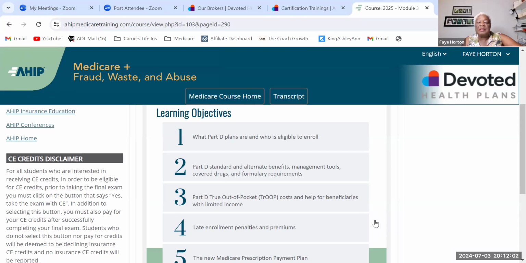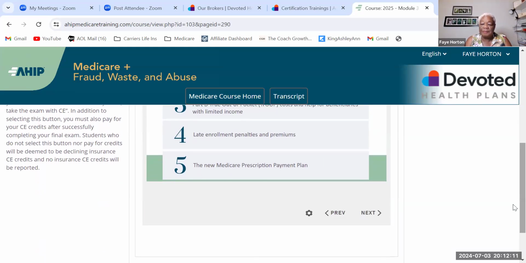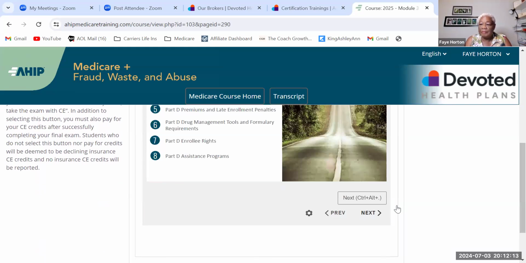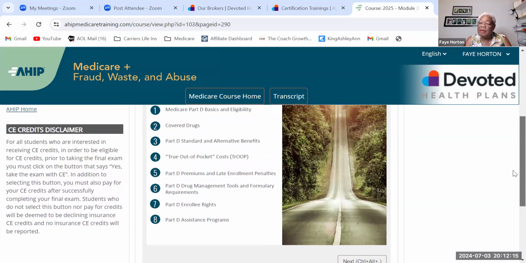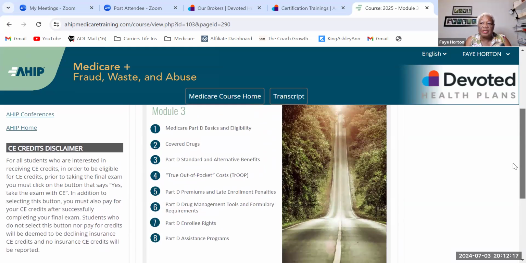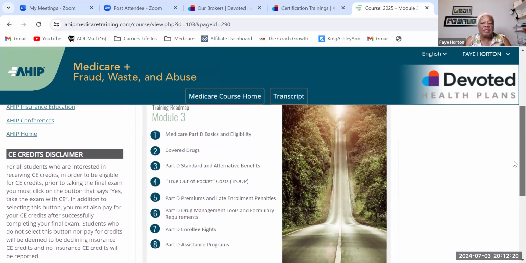Late enrollment penalties and premiums, and the new Medicare Prescription Payment Plan. So remember, there are some new things for 2025, and those are things you will definitely want to remember because there are changes. So we'll make note of those as we go along.